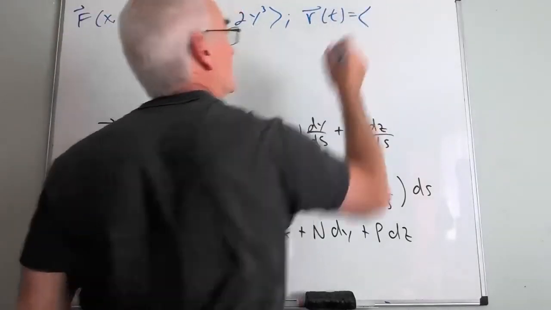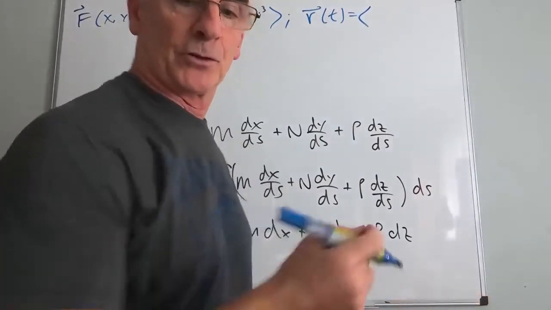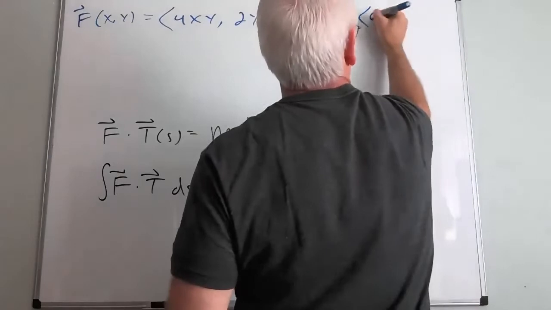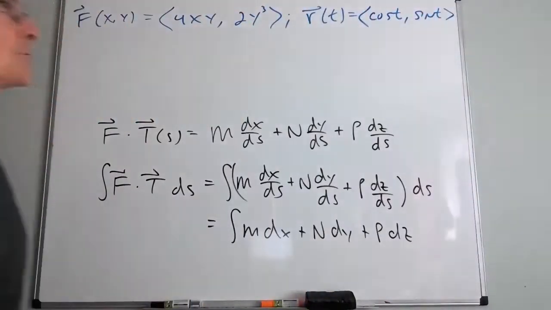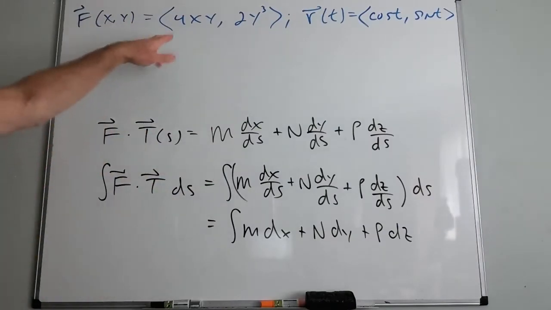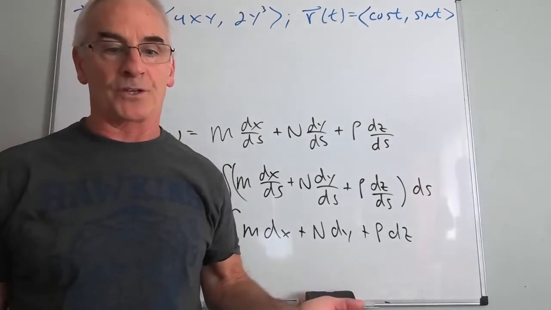For r of t, let's keep it really simple. Let's say I'm moving along a circle, so r of t would be cos t, sine t. Basically I'm moving around a circle and this is the force at every point. What we'd like to find is, what is the work done here?